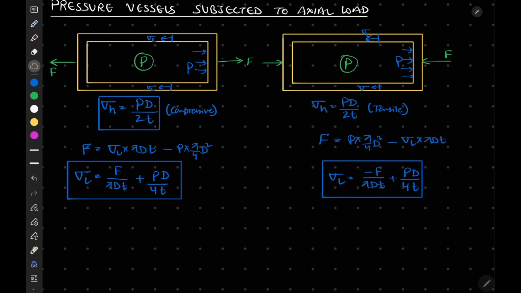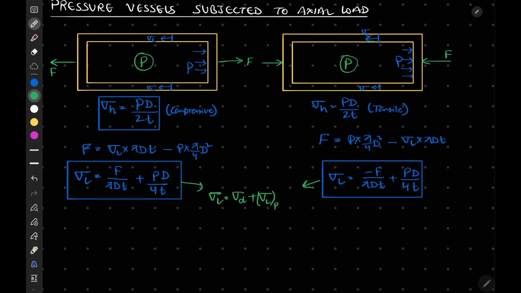From both these expressions we can observe something. So let me mention it here. We can write that sigma L is equal to sigma direct plus sigma L dash, which is the longitudinal stress in case of the original one, or we can write it as sigma L due to pressure alone.